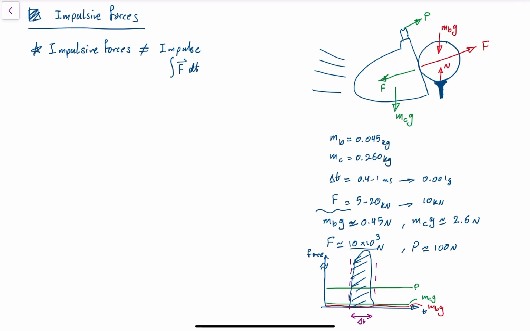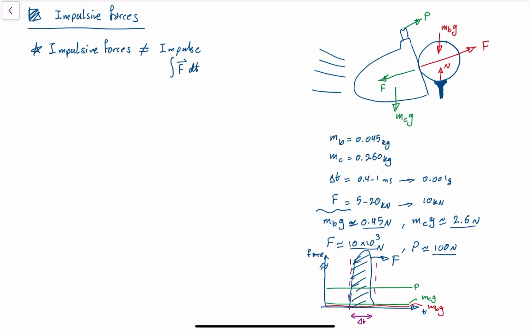Just for the duration of the contact, because delta t is very small, the area under the curve of each of these will be small, except for force F, which has a huge area under the curve, or impulse, compared to all other forces.